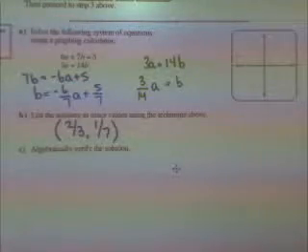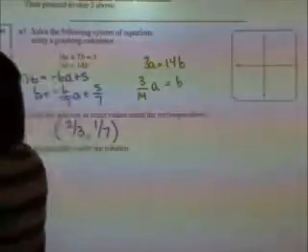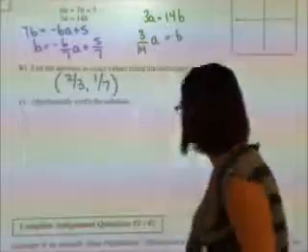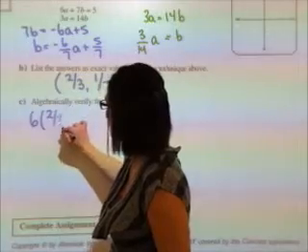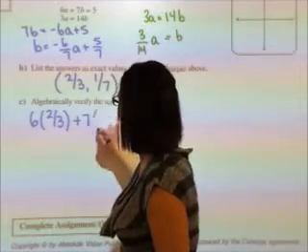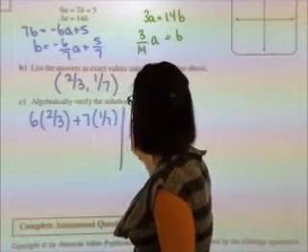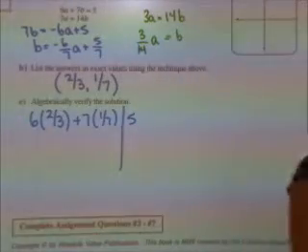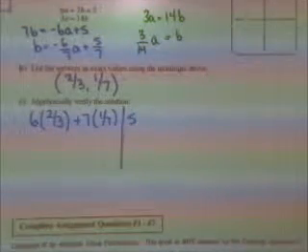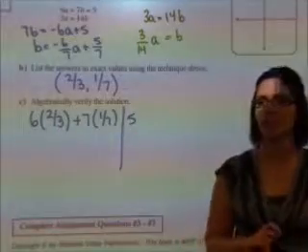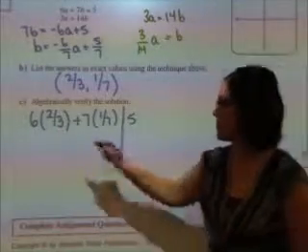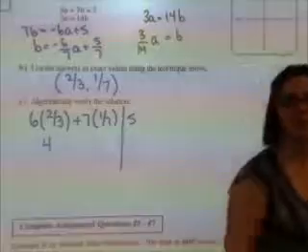So if we algebraically verify this, because this is the fun part, 6 times 2/3 plus 7 times 1/7 is supposed to equal 5. When you are multiplying these fractions, what's 6 times 2/3? 4. How do you get 4?